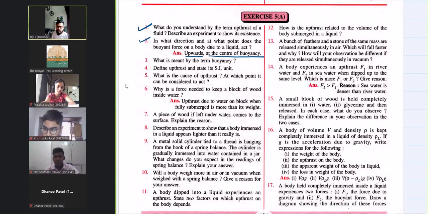Every body has a center of gravity. Even our body also has a center of gravity. You know where is the center of gravity of the human body? It is 2 inches below your navel. So if you try to balance your body at that point, you will be able to balance your whole body on one point below your navel.